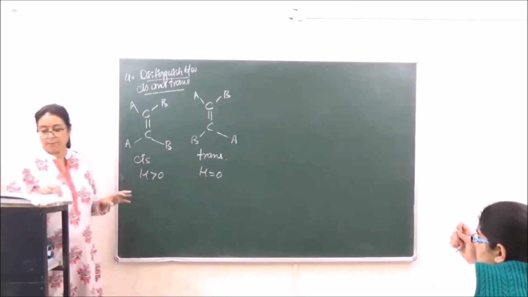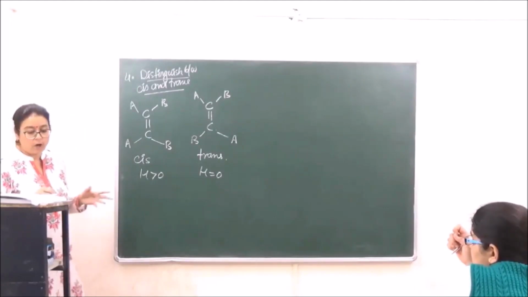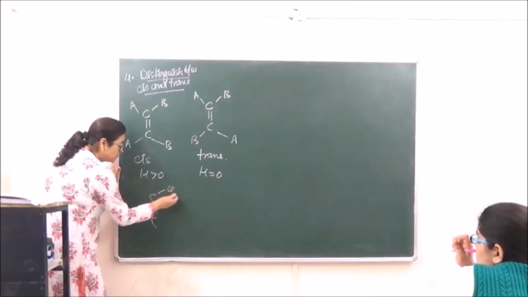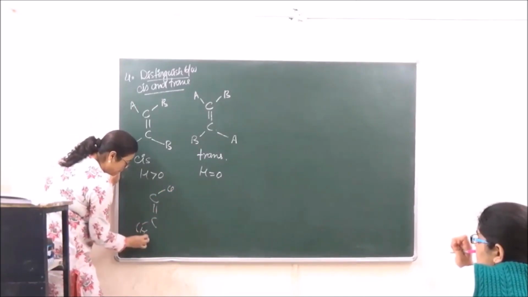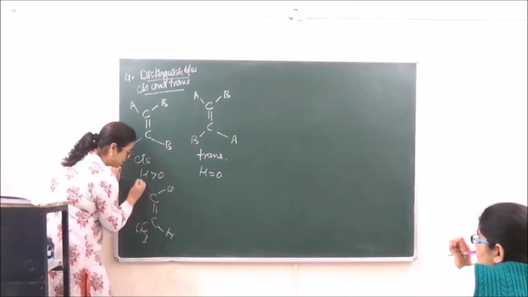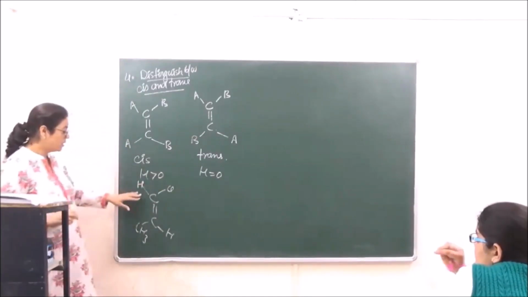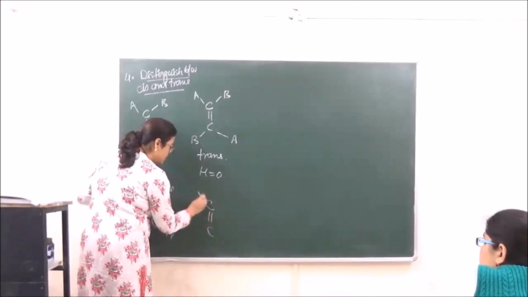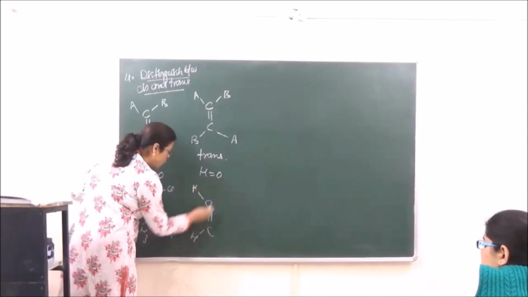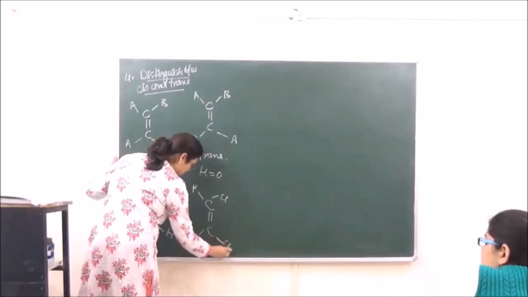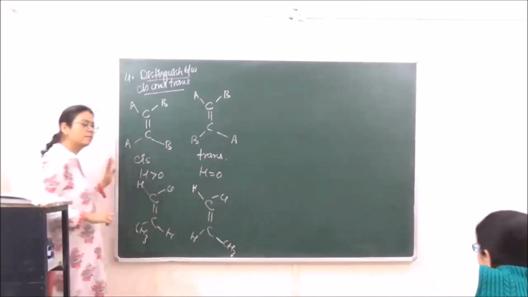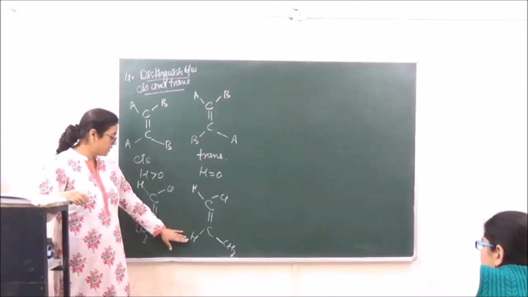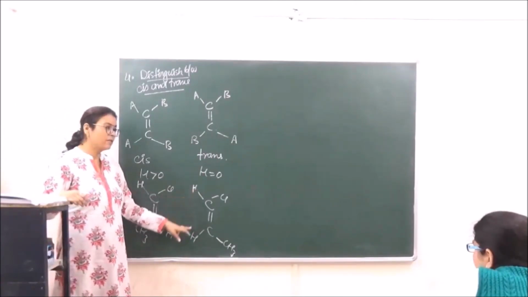Just for example, if we are talking of a molecule, say we are taking this molecule. Now what is going to happen when we rotate it? Hydrogen is going to take this place. So if hydrogen is taking this place over here, the similar groups are on the same side.